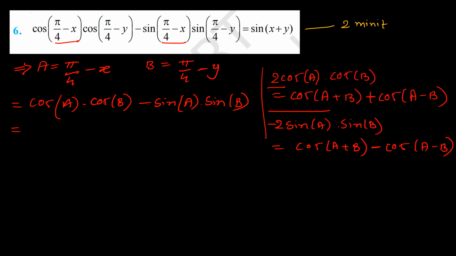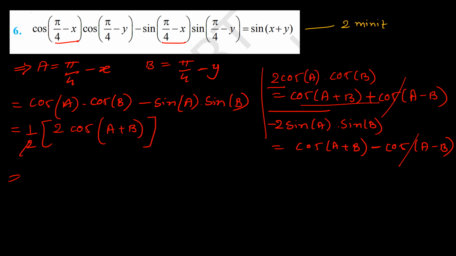So here we require a 2, right? So we multiply by 2 and divide by 2. Let us assume that and put this in. As we know, this term cancels, and we have 2 cos(a plus b), which is the only one remaining. So the 2 is also cancelled. Let us put in the original values of a and b.